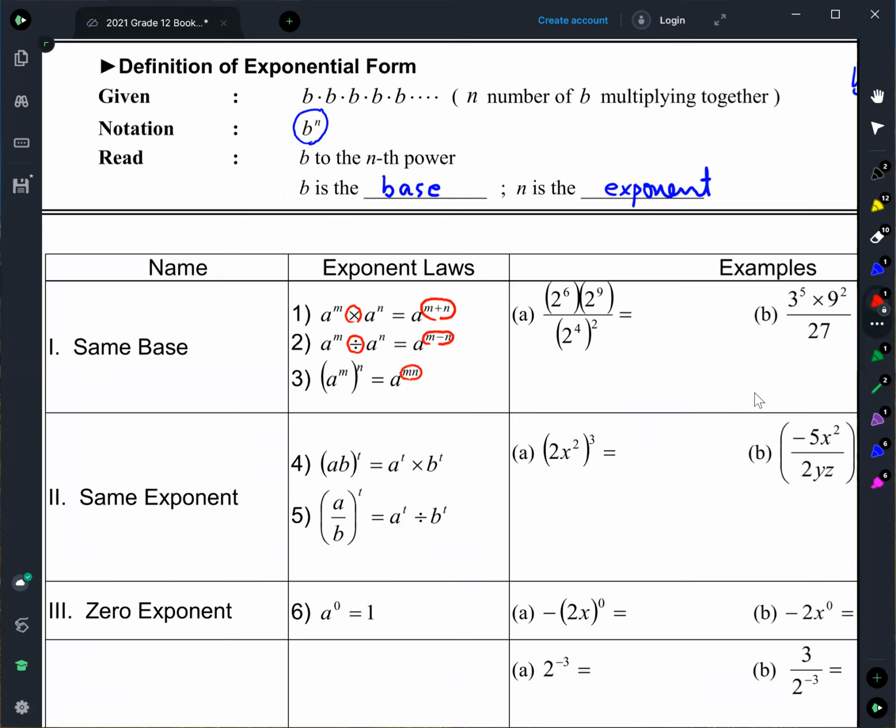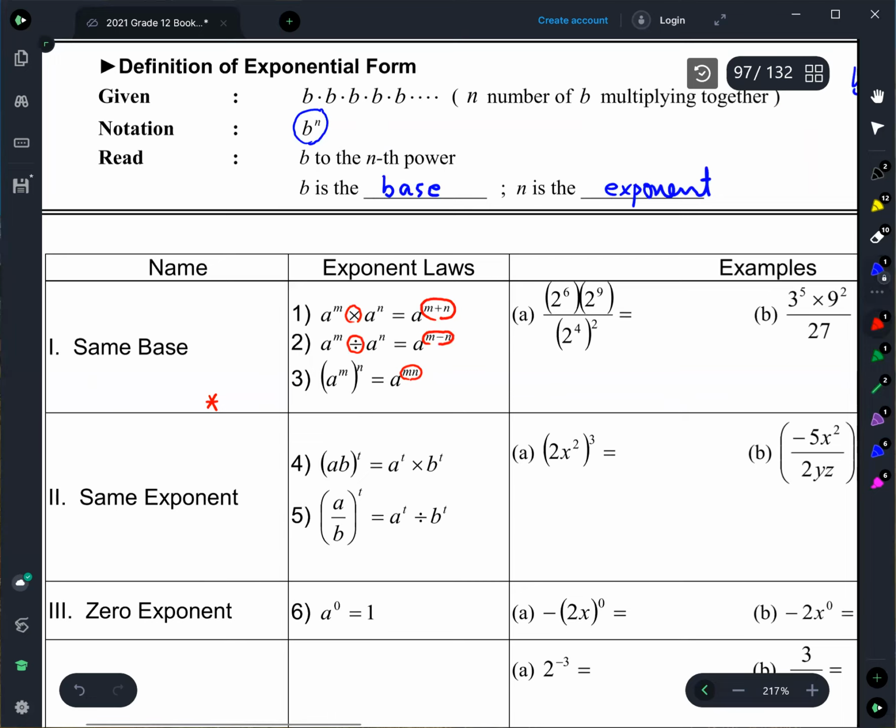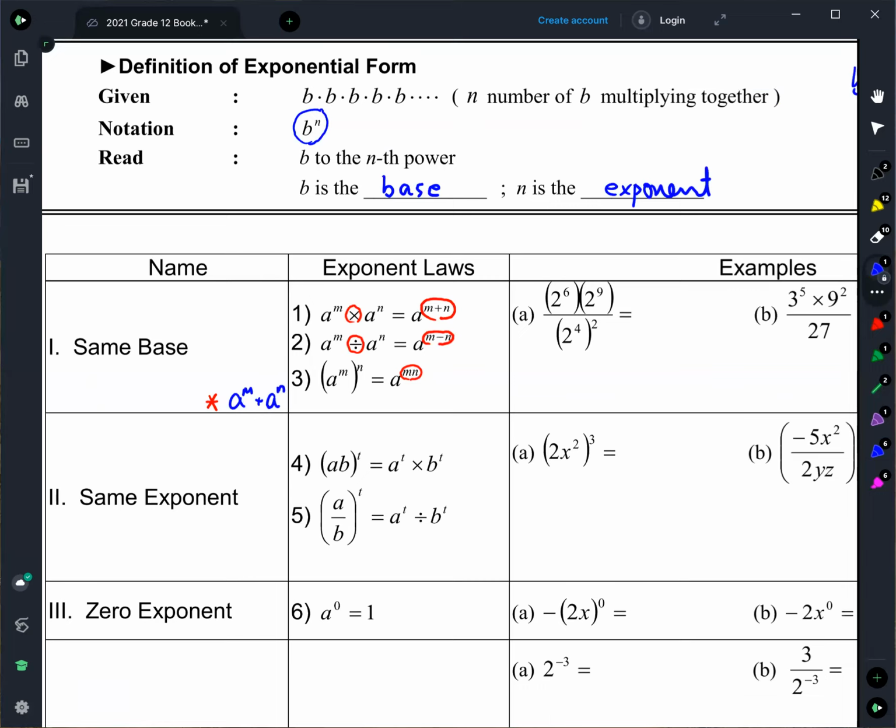So make a note, there is no rule for a to the n plus a to the n. This one, we don't have any rule, or subtract. So if you want to find the answer for either add or subtract, you just need to find it separately. So these ones have no exponential laws, only for multiply or divide.